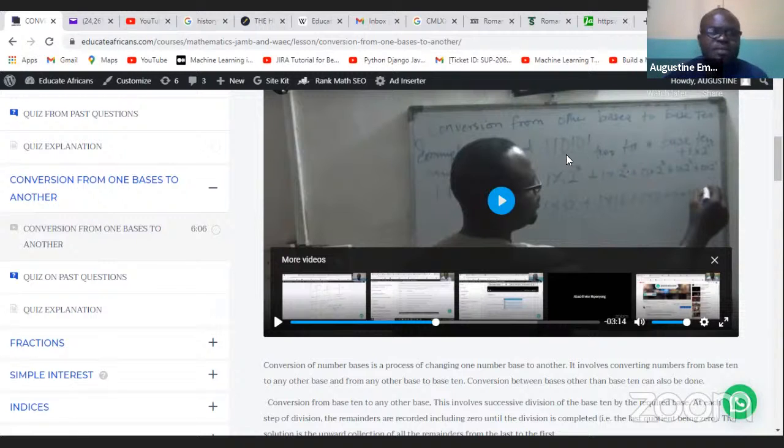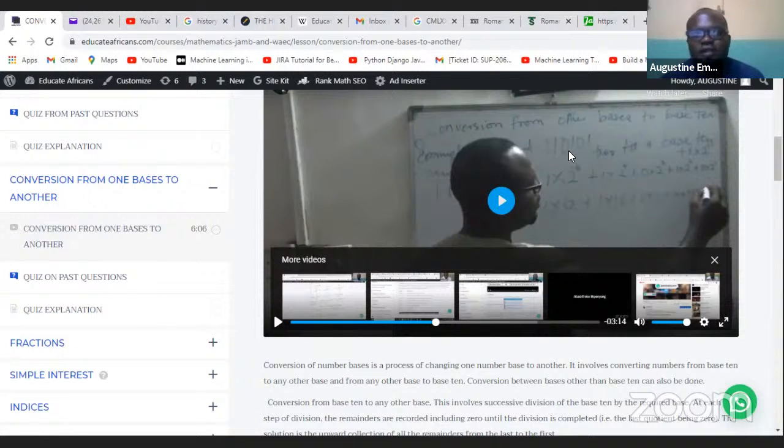The exponent will always be decreasing. So if the first is raised to 5, the second is raised to 4, the third to 3, 2, 1, and 0. So without even counting, once you establish the first one, the second becomes easier. Take note that the base is always 2, because 2 is the base number you're considering.